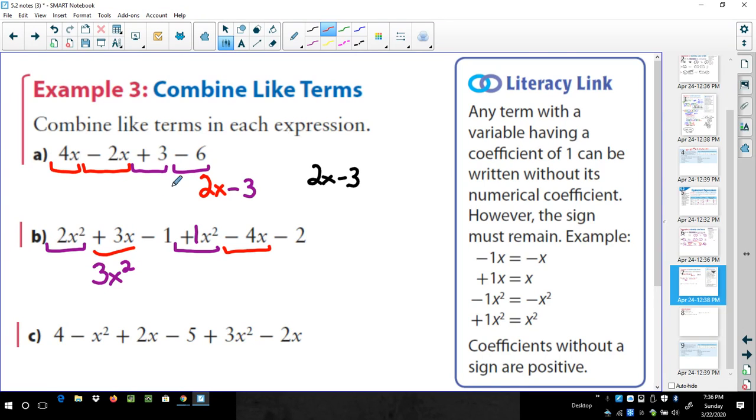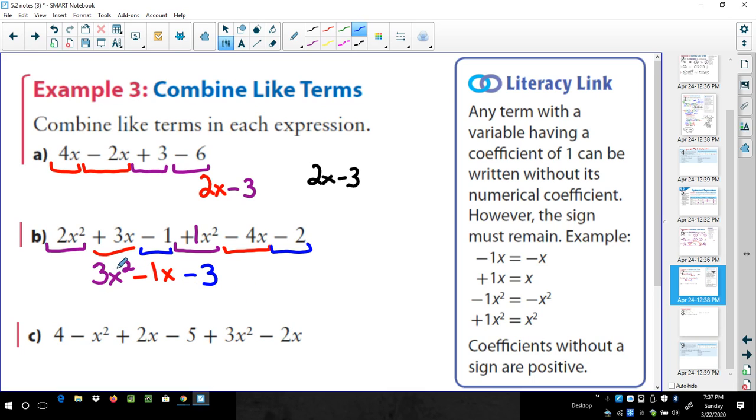So starting at 3x, minusing 4, I'm left with minus 1x. Okay, constants. Minus 1, minus 2. So starting at negative 1, minus 2. That is minus 3.